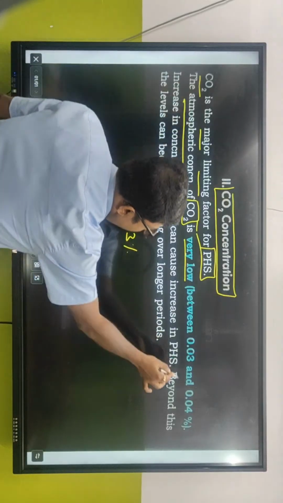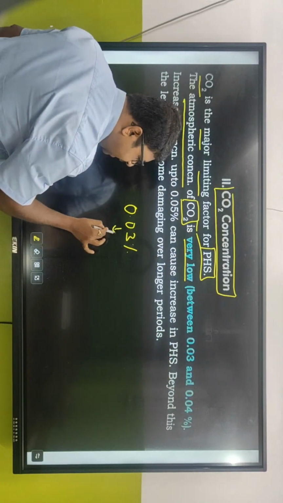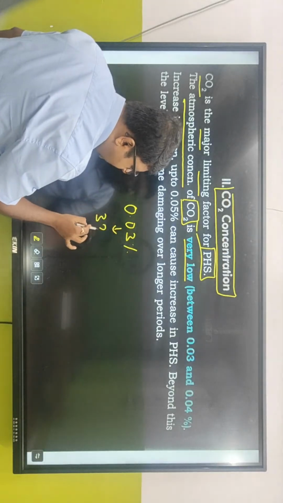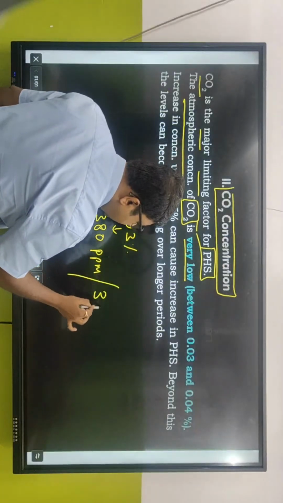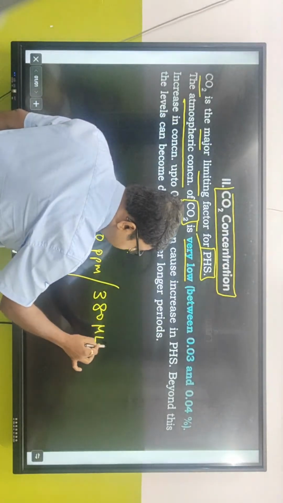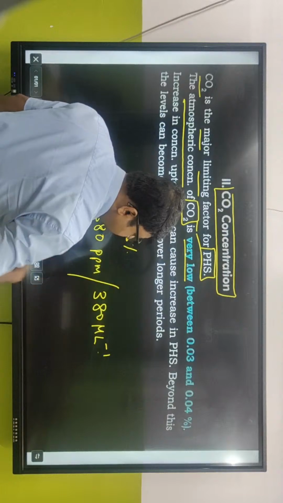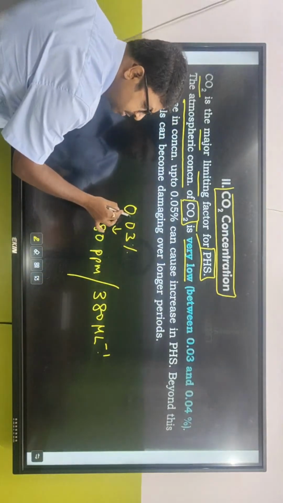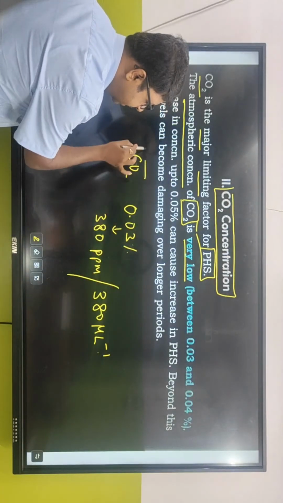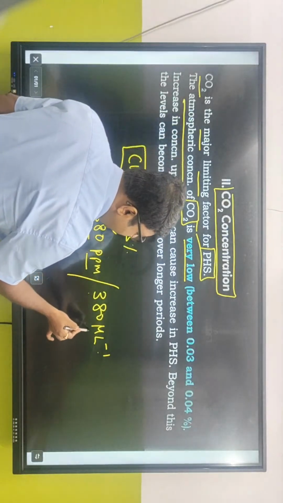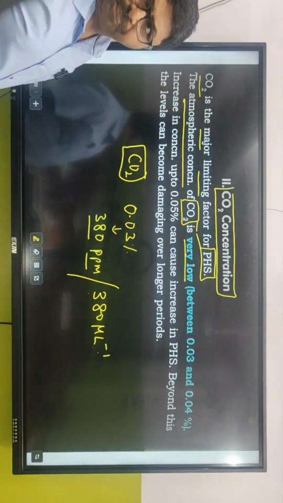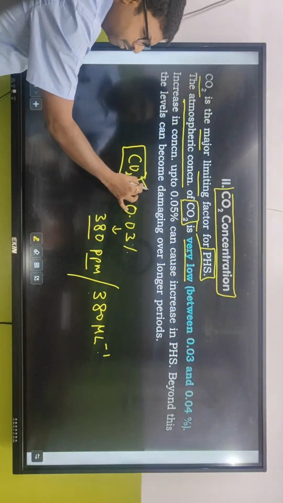0.03% to 0.04%. Normally we write this 0.03% of carbon dioxide as 380 parts per million, or 380 micro per liter. This is the normal concentration of carbon dioxide.